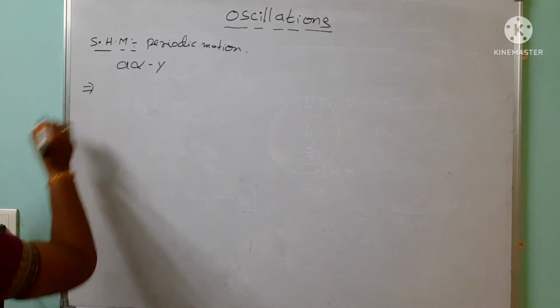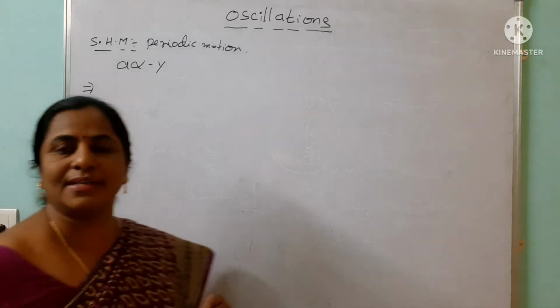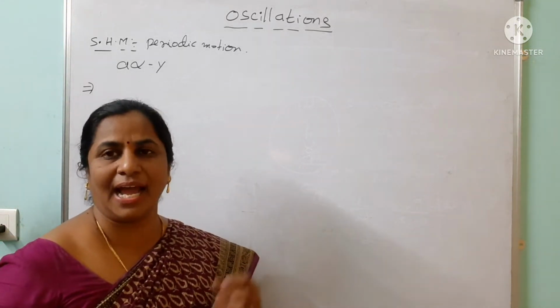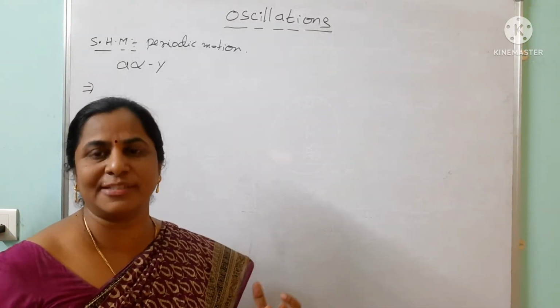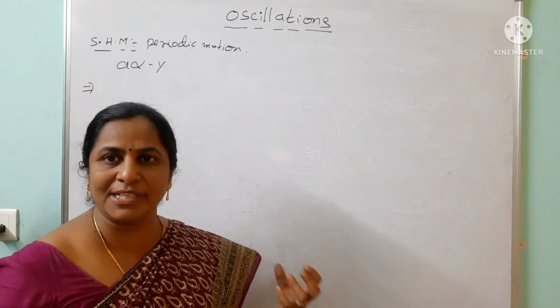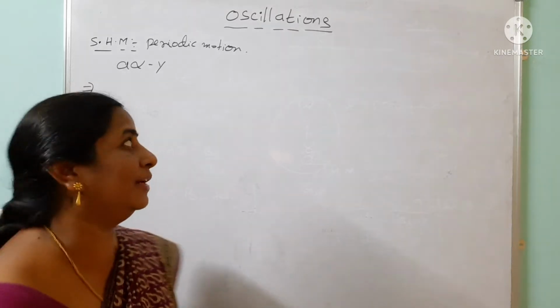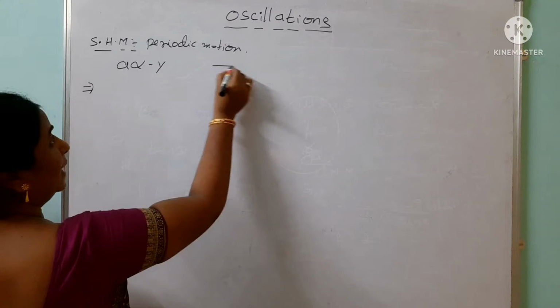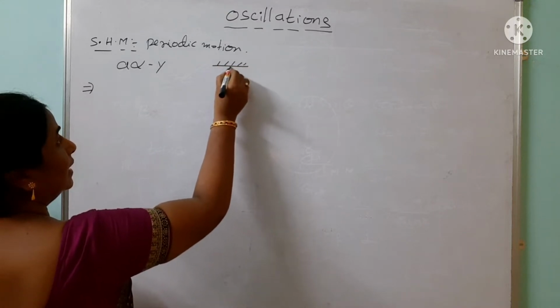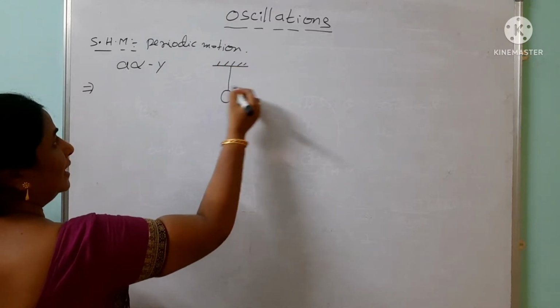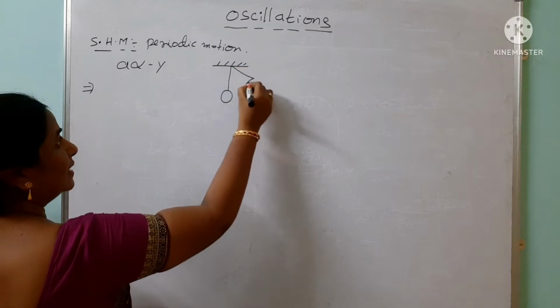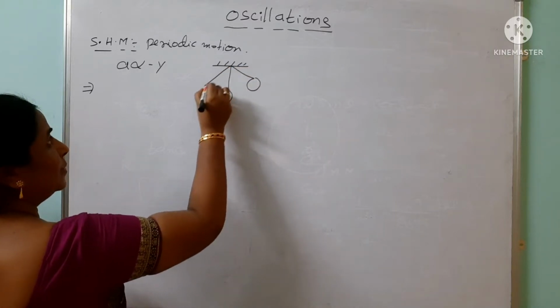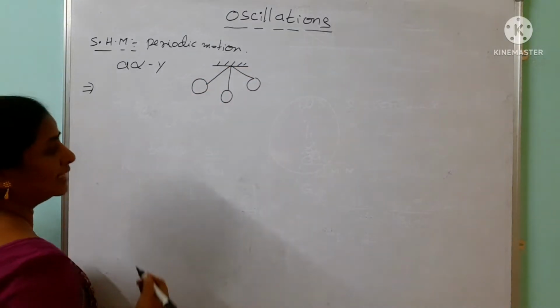Then we are going to discuss the parameters of simple harmonic motion. Amplitude: the maximum displacement of a particle from its mean position is called the amplitude. Look at the pendulum. This is the mean position. When it is pulled and left, it makes oscillations. This is one extreme position and this is another extreme position.